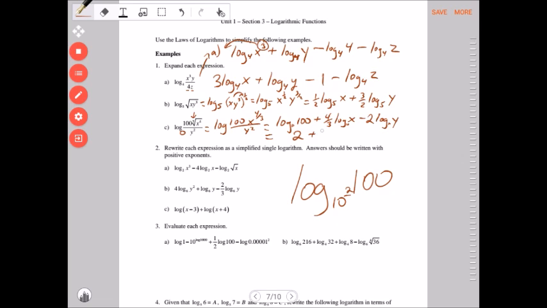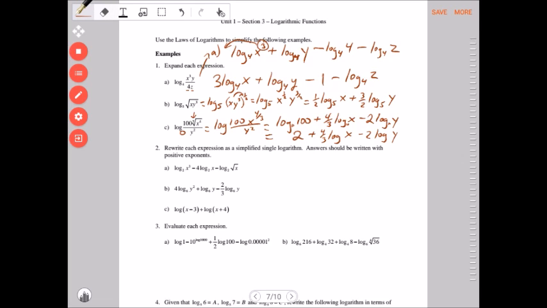So this is 2 plus 4/3 log x minus 2 log y. And that would be our final answer for that one. The idea is if they give you numbers, they probably want you to simplify those numbers. Okay, so I'm going to erase this, and then we'll get on to number 2.